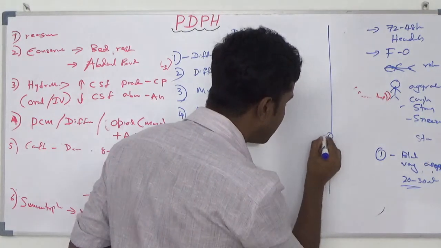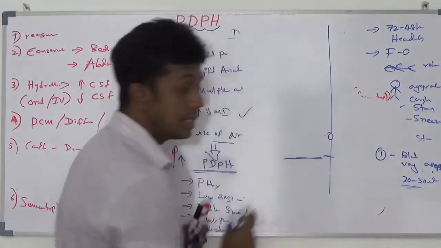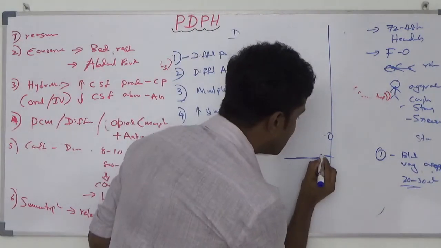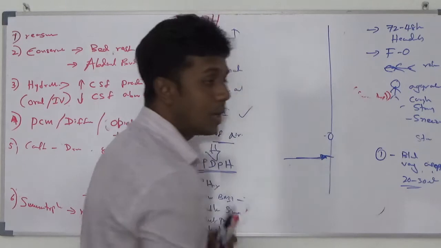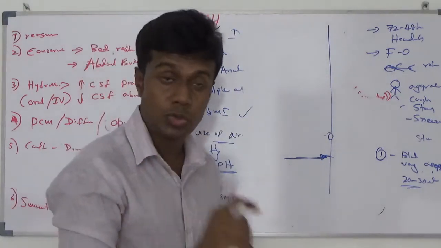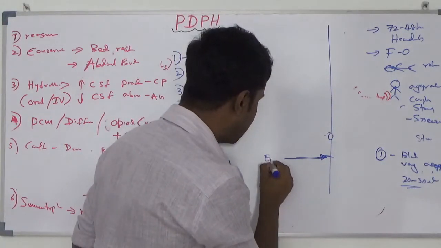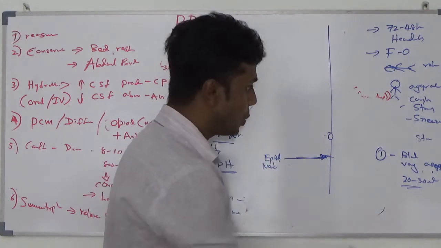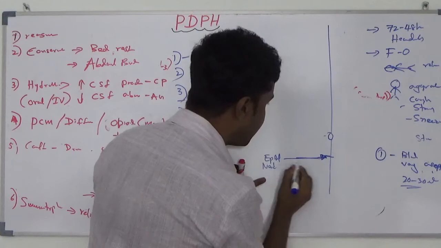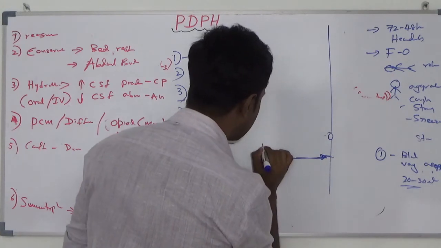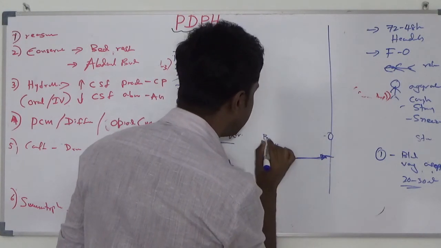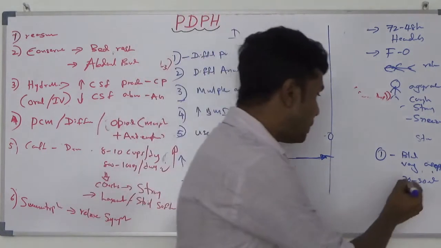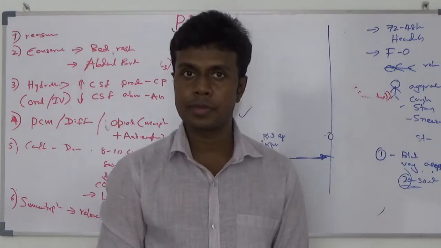One space below the puncture site. Once you enter the epidural space with the epidural needle, you are going to inject this blood into the epidural space. 20 milliliters is usually enough.